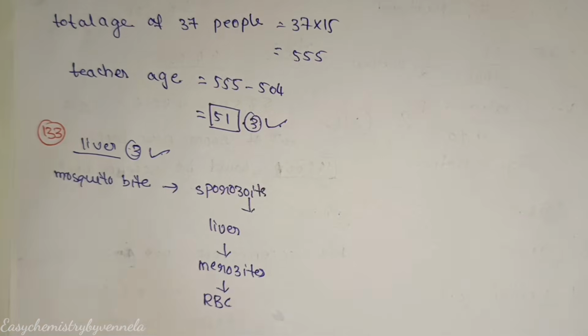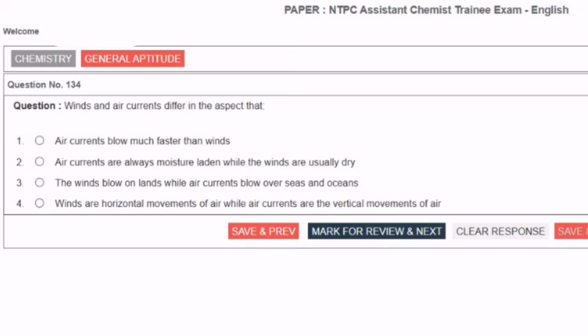Next question. Wind and air currents differ in the aspect that air currents blow much faster than wind. Air currents are always moisture laden while the winds are usually dry. The winds blow on land while air currents blow over sea and ocean. Winds are horizontal movements of air while air currents are the vertical movements of air.